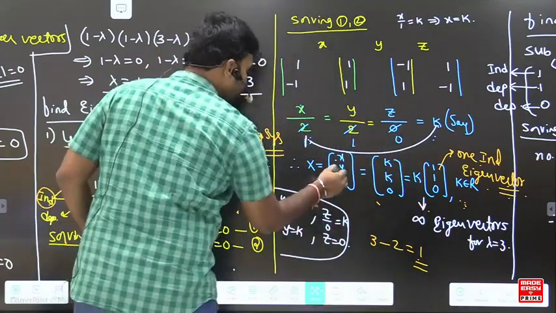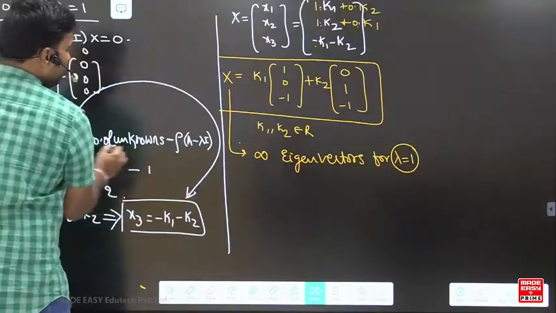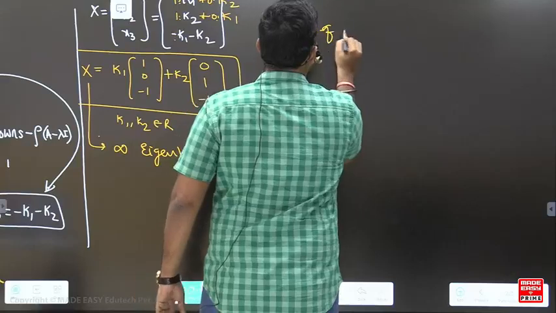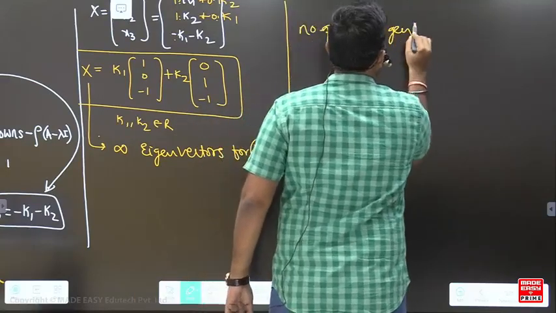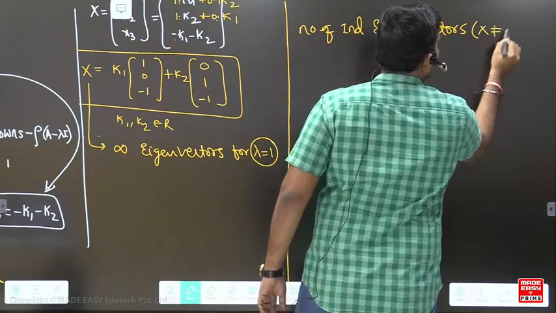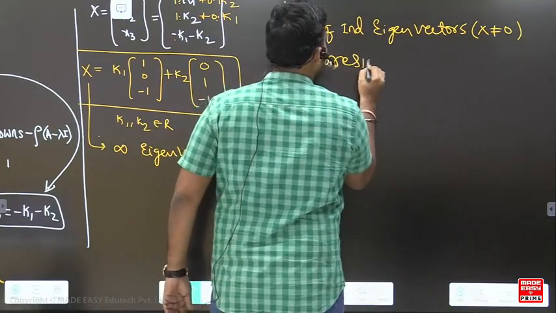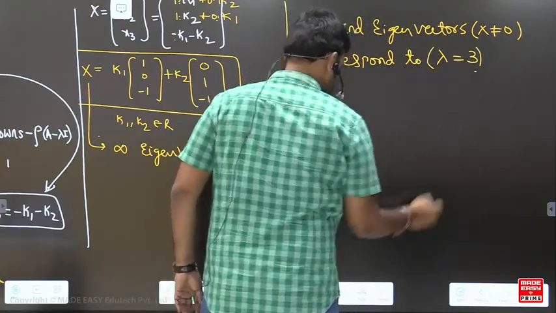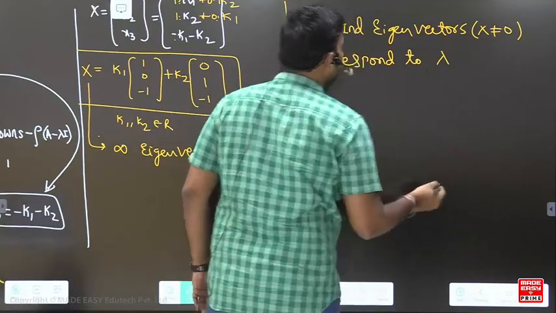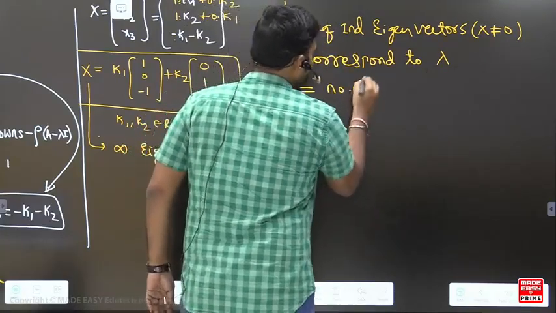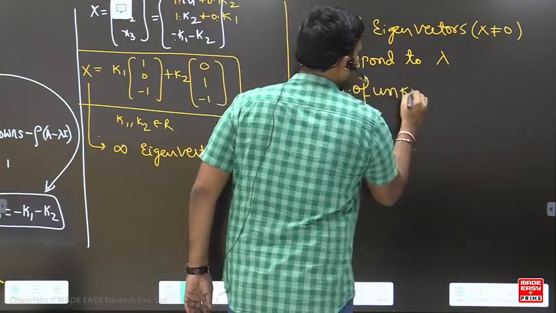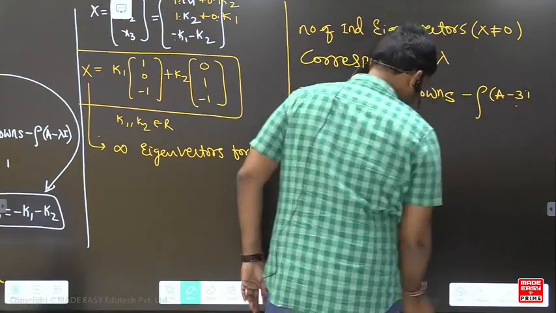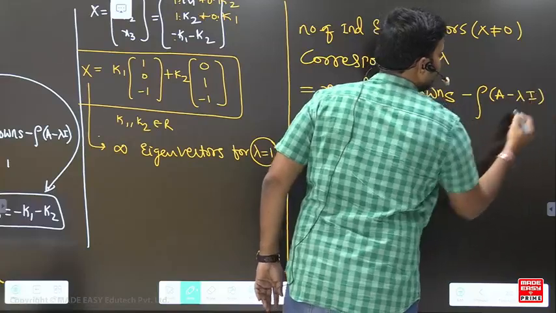So I want to conclude one point here. From this, what I have derived is that the number of independent eigenvectors x not equal to 0 corresponding to a given lambda is equal to the number of unknowns minus the rank of A minus lambda I. This is what you have done.